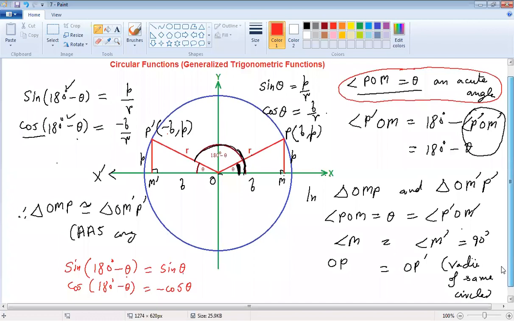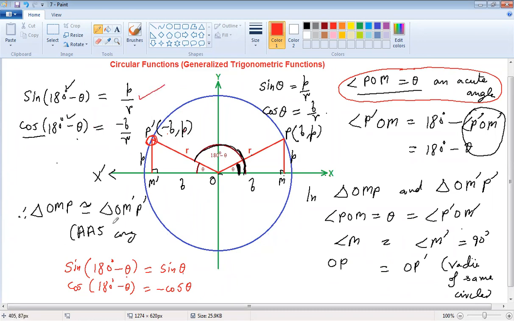Sir, please repeat. Sine of 180 minus theta, this very angle, is it visible which angle I am pointing? Sir, yes. So that will be given by the coordinates of this very point. So sine is defined as this y coordinate divided by radius, and y coordinate is here p and radius is r.